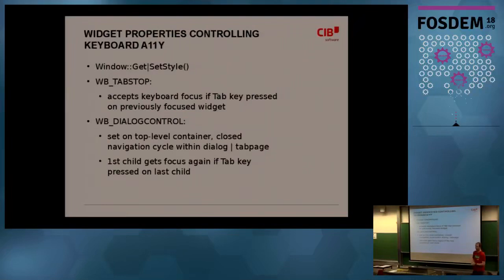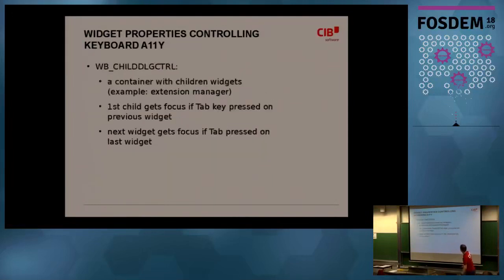Okay, this is more for the hackers. So if you're hacking a user interface, make sure you set the right flags on your controls and on your windows. So for a control, for something that can accept keyboard input, make sure you have the stop flag set. For something that is a control container, like the outer container of a control, make sure this dialog control flag is set.